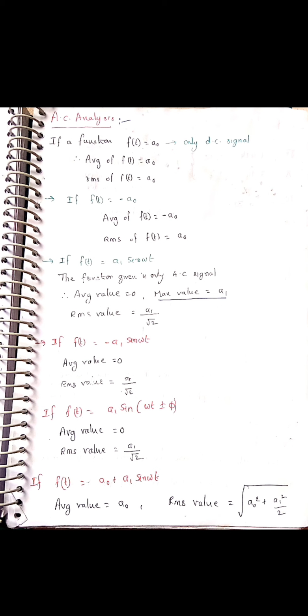Then the RMS value is A1 by root 2. Next, if a signal is given as minus A1 sin omega t, here also the average value is 0, because it is an AC signal, and the RMS value is minus A1 by root 2. The maximum value is minus A1.